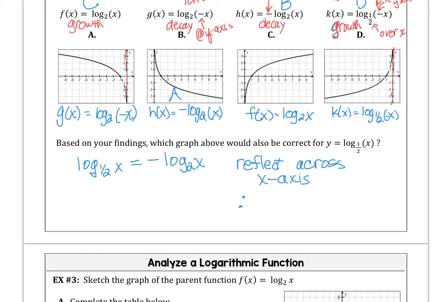So only graph B would match that challenge. You could use your graphing calculator and verify that these two are the same.